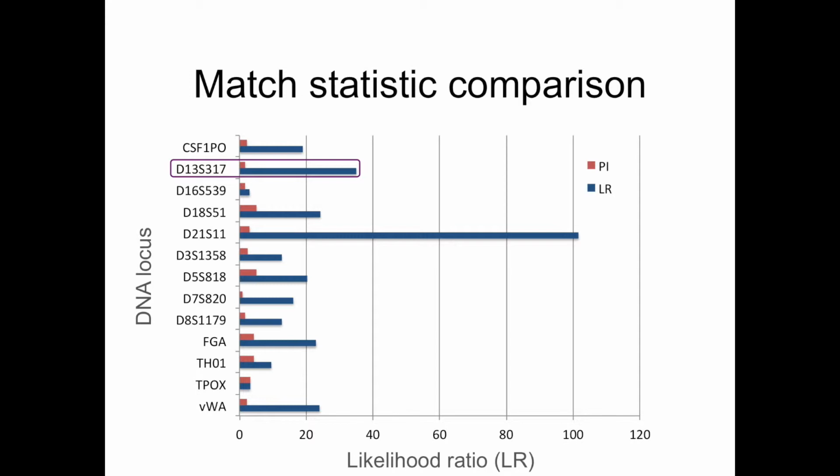At the locus D7, the suspect was under the threshold, so they didn't use it, so we just put a 1 in there. But you can see that the combined probability of inclusion, combining these 12 probabilities of inclusion and multiplying them together, each number shown in red using this method is smaller, and therefore the product is smaller, and this is the comparison of information when we're done.